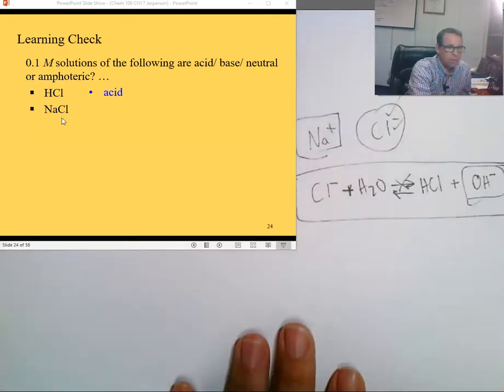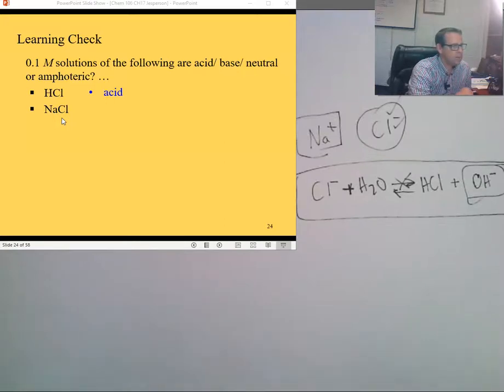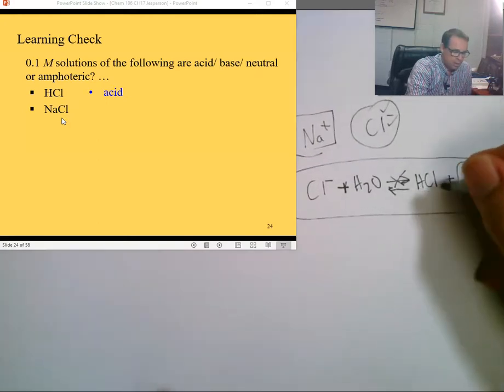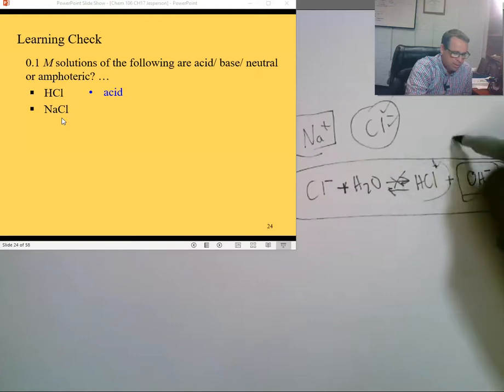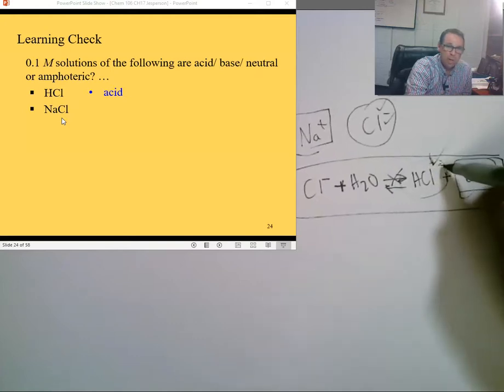Now, sodium ion. Sorry, go ahead. Couldn't it be an intermediate and then react farther? HCl here, you mean? Yes, sir. Well, if there was any significant amount of this in solution, then possibly.